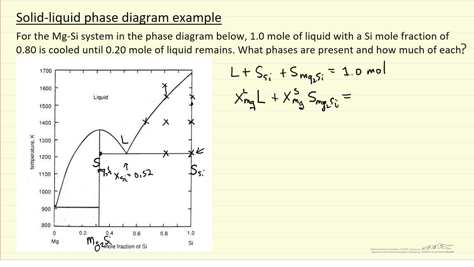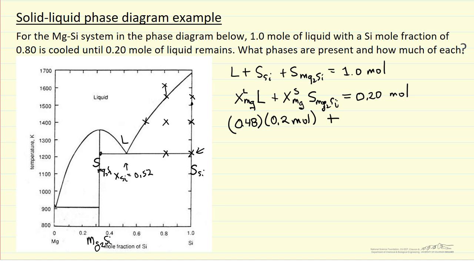Well, we had a total of 1 mole and 80% was silicon, so only 20%, or 0.2 moles, were magnesium. The mole fraction in the liquid phase for magnesium is 0.48, since it's 0.52 for silicon, and we said we have 0.2 moles.